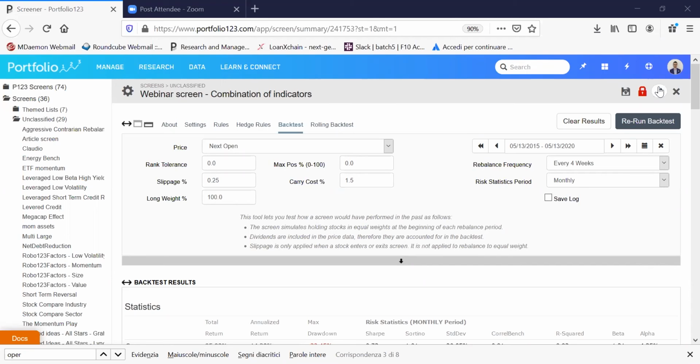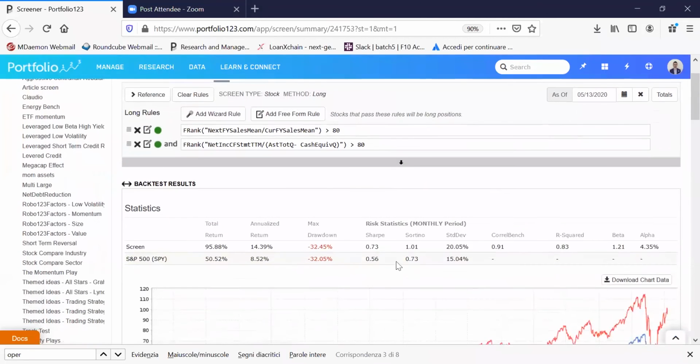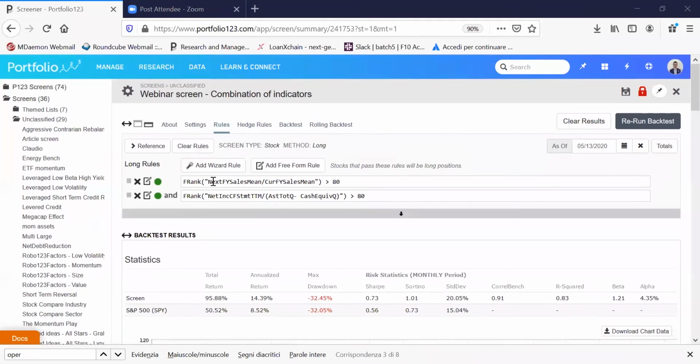So let's view the rules of the simulation again. So the rules here, we have next fiscal year sales estimates. Okay, so this is the mean of the analyst sales estimates for next fiscal year, and here we have current year.